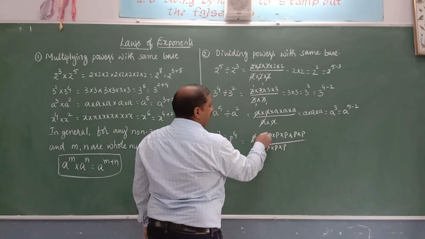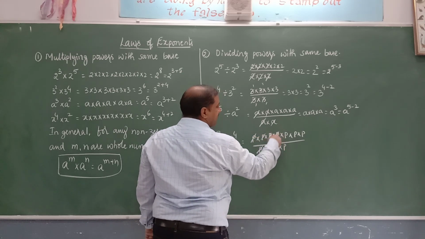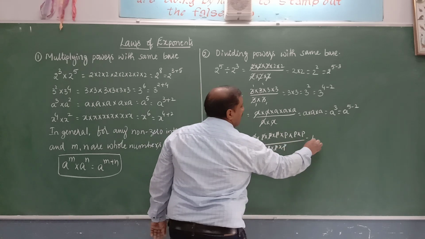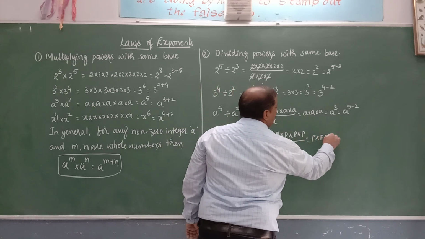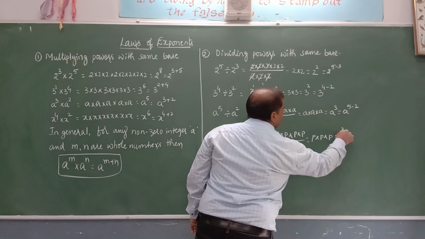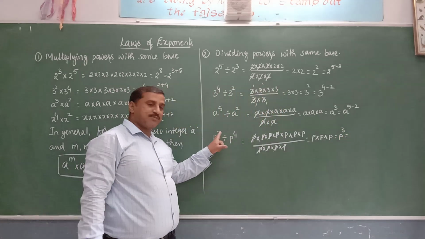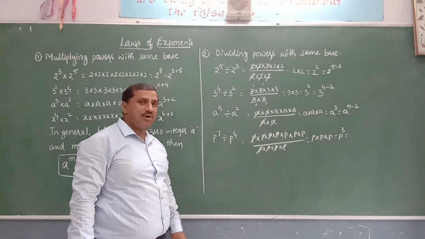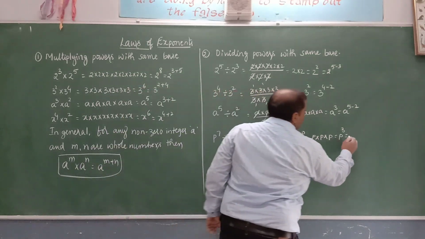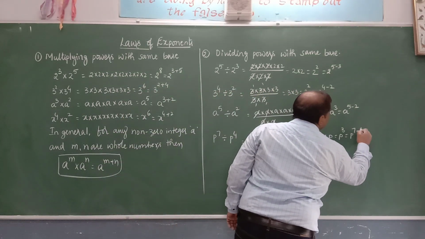So the p's are cancelled. Now what we got is p into p into p, that is p cube, which is again, subtract the powers of the exponents. 7 minus 4 is equal to 3. Therefore p cube can be written as p to the power of 7 minus 4.